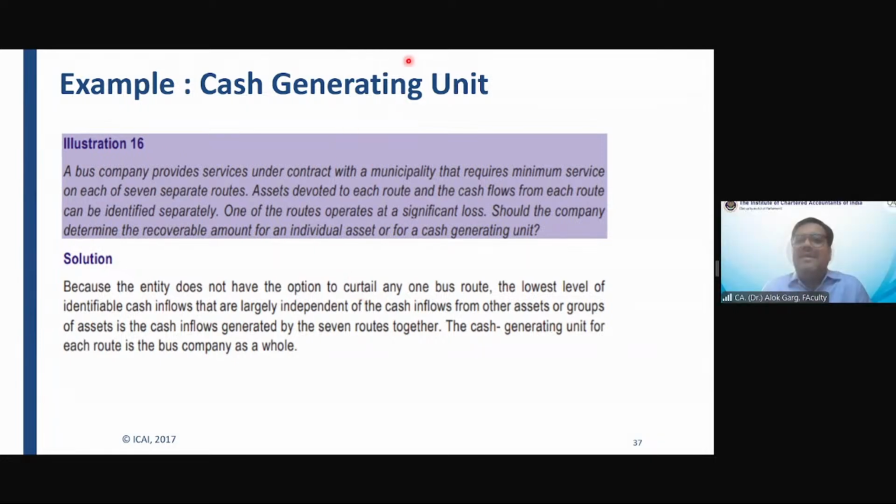This DTC, Delhi Transport Corporation, gives a permit, gives a license to operate the buses on various routes. So likewise, there is a private bus company which, under a contract with the DTC municipality, required minimum service on each of the 7 separate routes. Assets devoted to each route and the cash flow from each route can be identified separately.